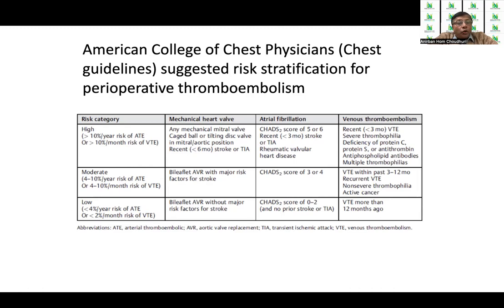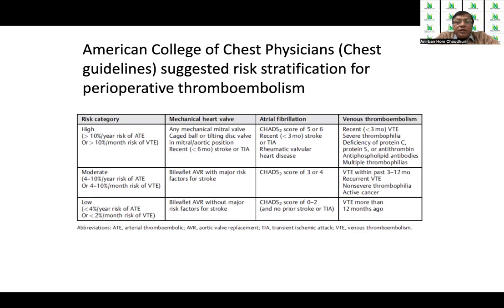And the risk is low when the risk of arterial thromboembolism is less than 4% per year, or the risk of venous thromboembolism is less than 2% per month. In consideration of the mechanical heart valve, the bileaflet AVR without major risk factors for stroke is low risk.